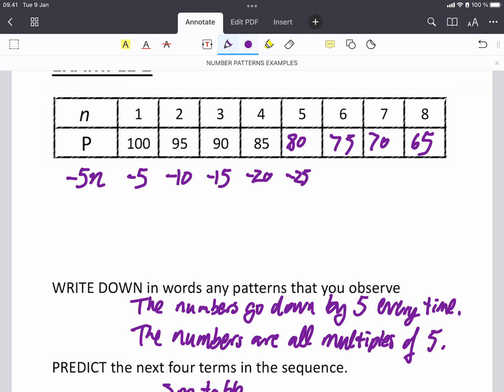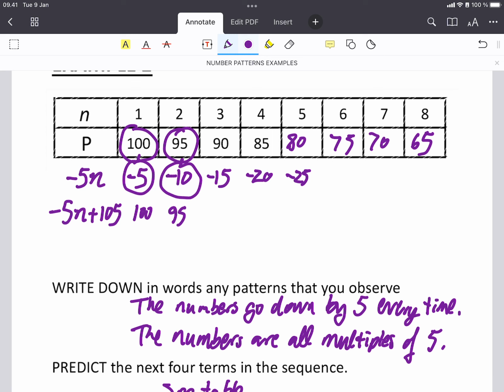So we are getting something that's going down by 5 every time, but we're getting these numbers and we want these numbers. So we need to add 105 to each of these numbers to get these numbers. So minus 5n plus 105 will get us the ones we want. 100, 95, 90, 85, and so on.